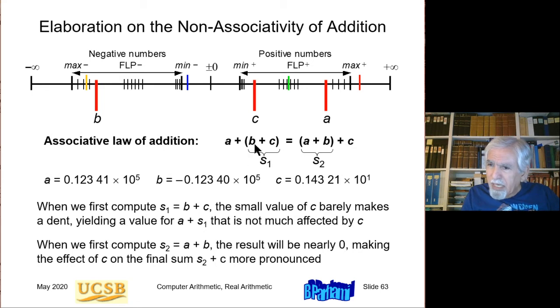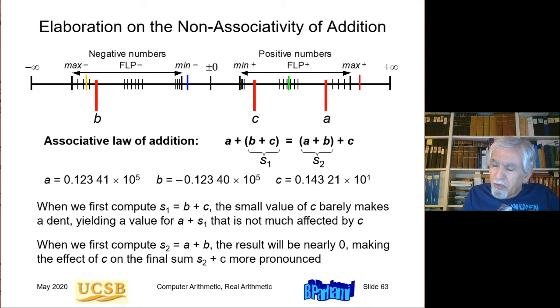But if you get maybe a page fault in accessing C or a cache miss, you may decide that it's better to do A plus B first. So the optimizing compiler basically does A plus B first and then adds C. And by this change, this optimization in performance changes the result.